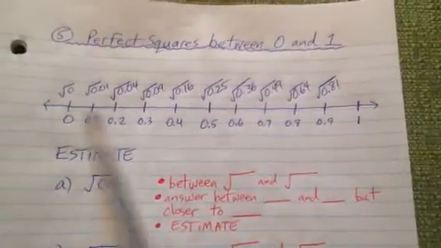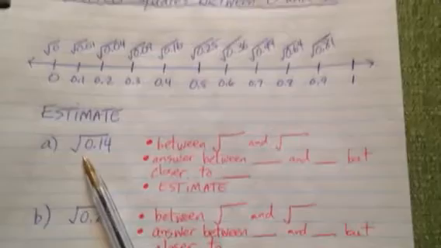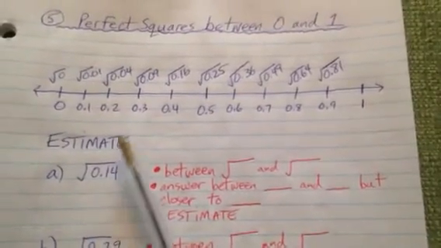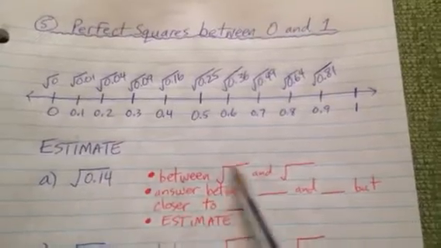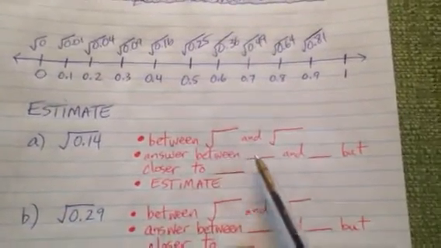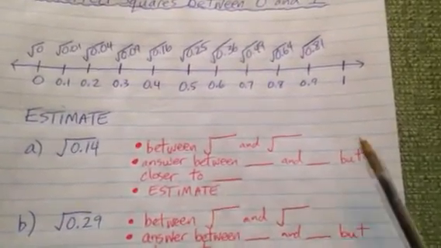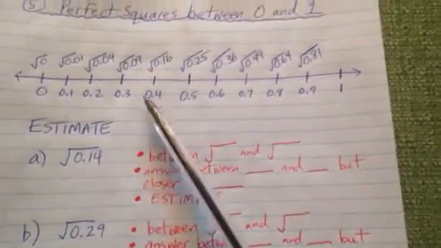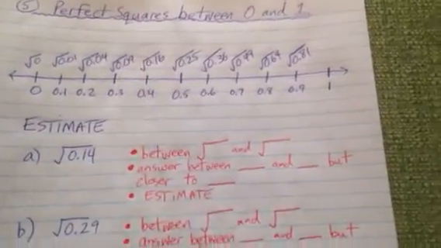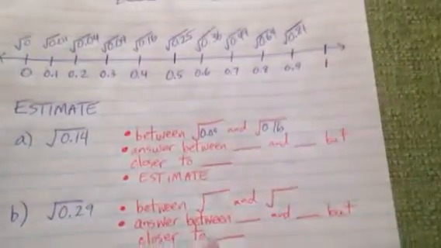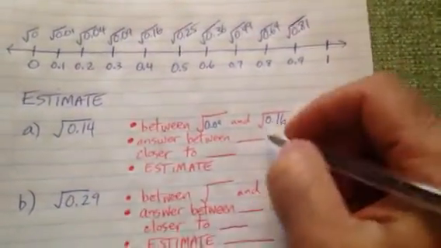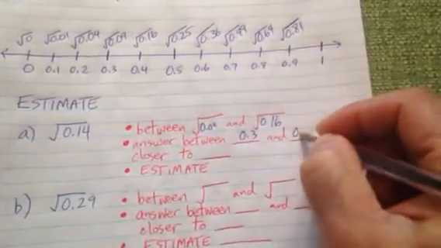So it's actually quite simple to remember. What we do is we look at the line, and now if I ask you to estimate the square root of 0.14, we do the same thing as we did previously on the other number line. It's between what and what? The answer must be between something and something, closer to something, then make your estimate. So 0.14 looks like it's between 0.09 and 0.16. That means the answer is between 0.3 and 0.4.